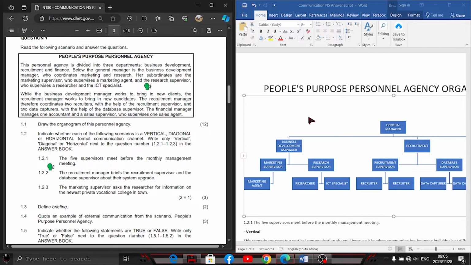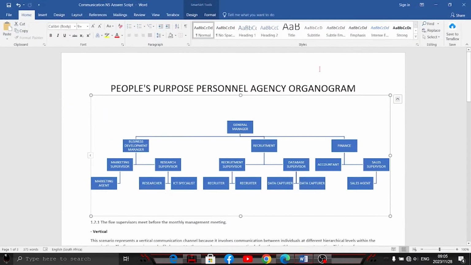As you can see, I came up with an organogram here. We're going to go through it and I will explain how it is layered. We are basically being asked to put the information that we just read out into an organogram.